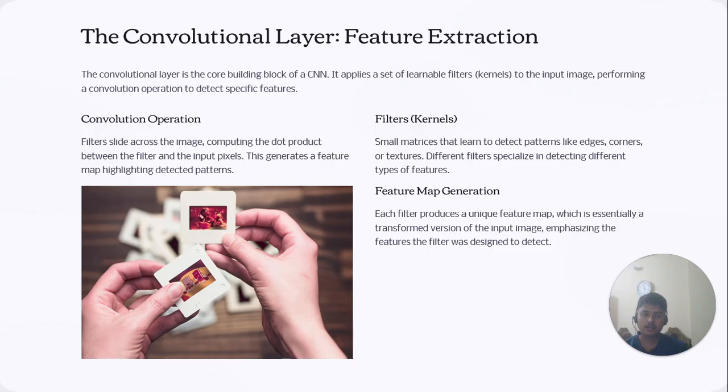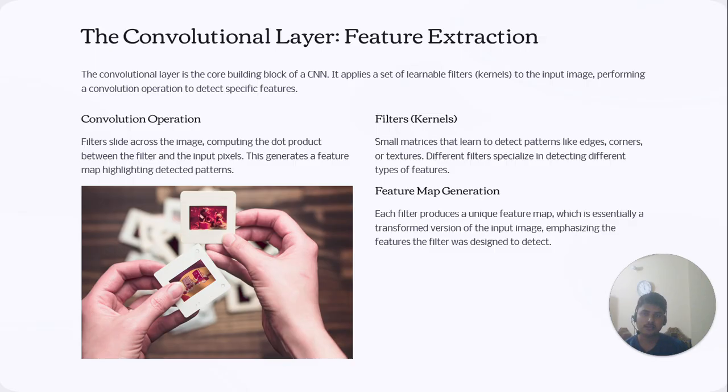Feature extraction. The convolutional layer is the core feature extractor in a CNN. It applies small learnable filters called kernels, which slide over the image and compute dot products with local pixels. Each kernel learns to detect specific patterns such as an edge, a corner, or a texture.